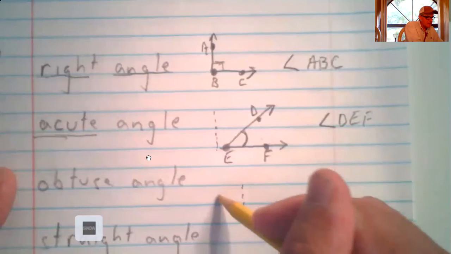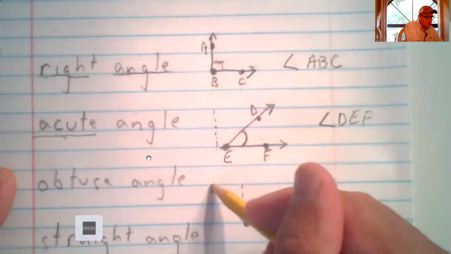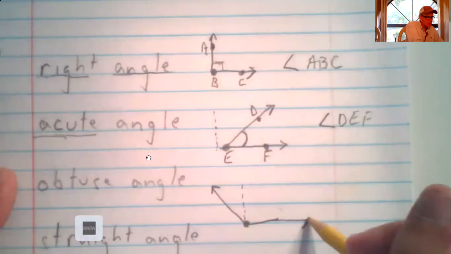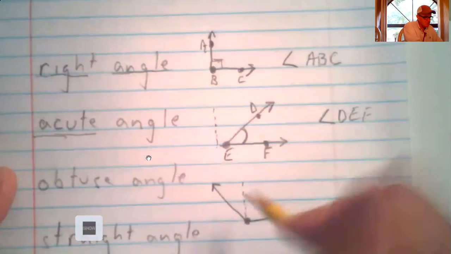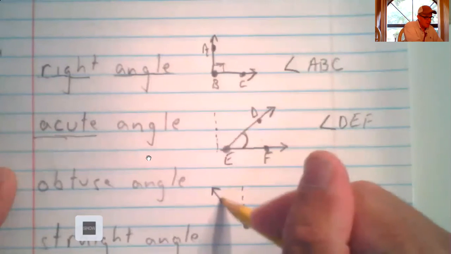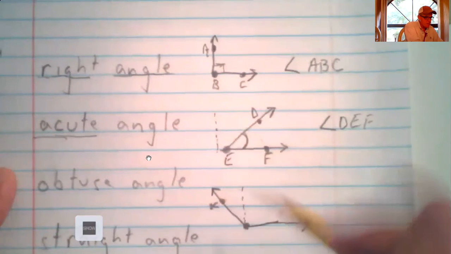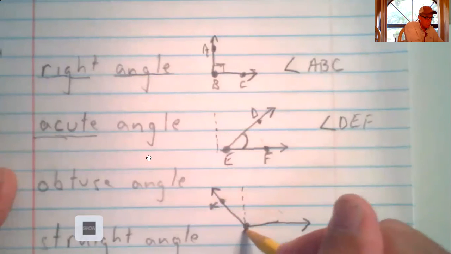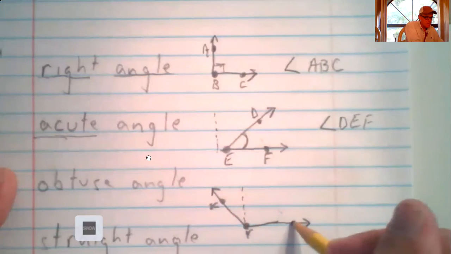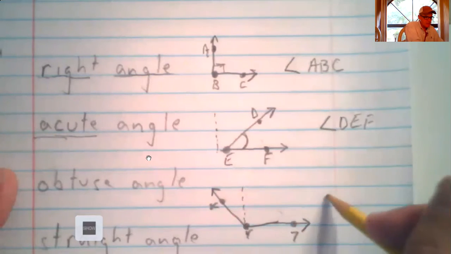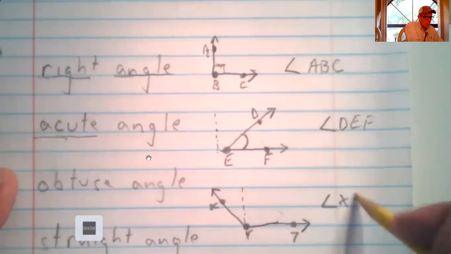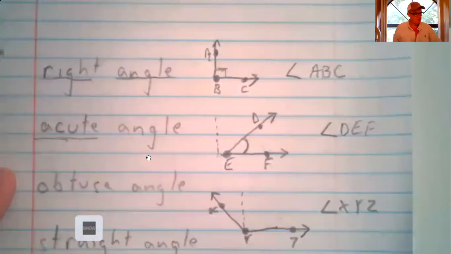I'm going to come over here and make a huge angle. Huge. Now let's call this point right here X. We'll call this right here Y. And then we'll call this point here Z. So this is angle XYZ.